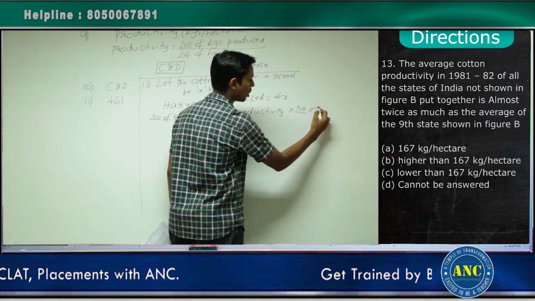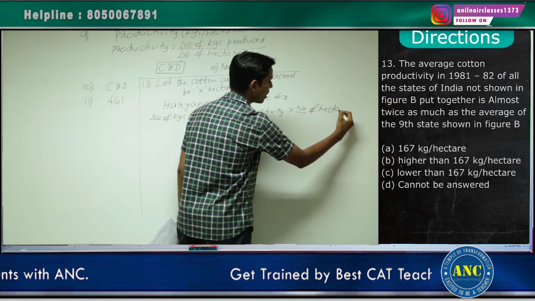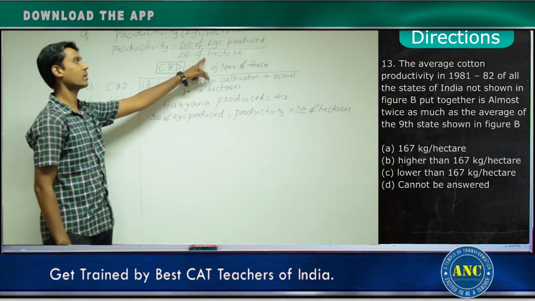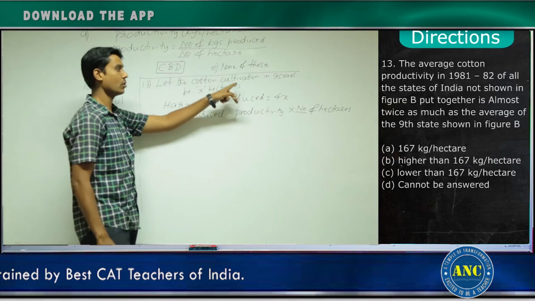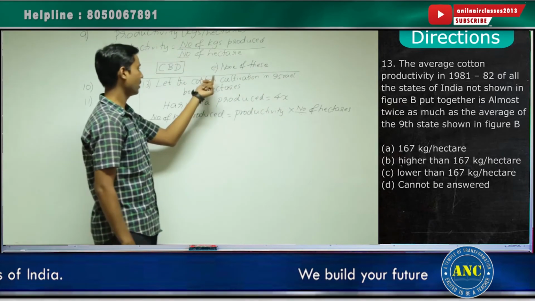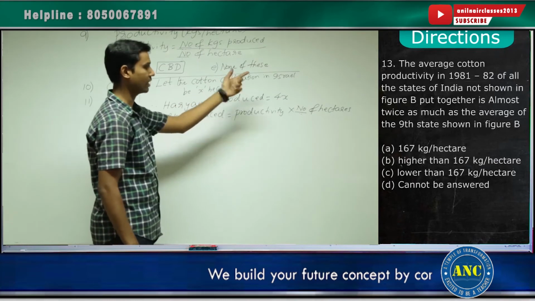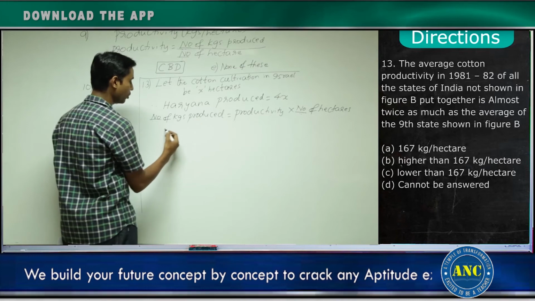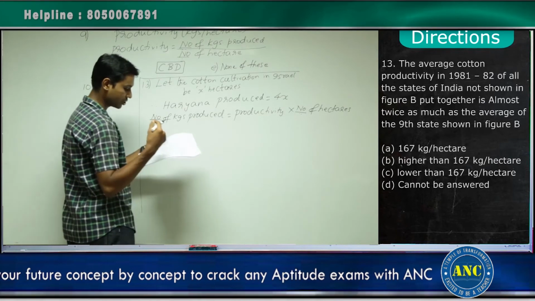Can I write it like this according to the unit given in the question? Productivity into number of hectares. Right? In the first question we did not know the number of hectares. Now we know how many hectares are cultivated in each of the states or countries given in that question, right? That means the number of kgs produced by Israel, or what is the question?